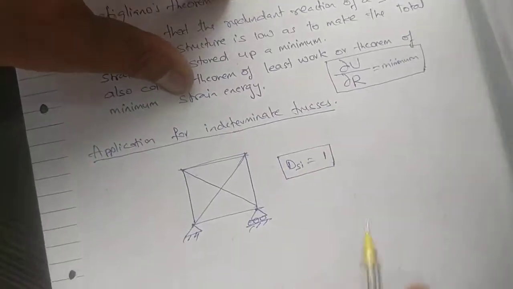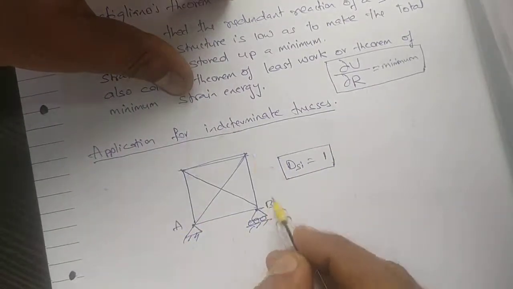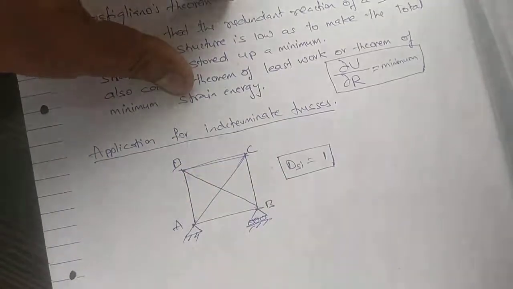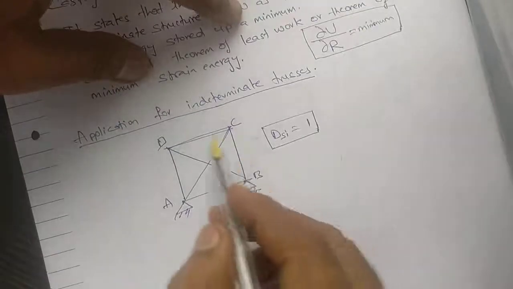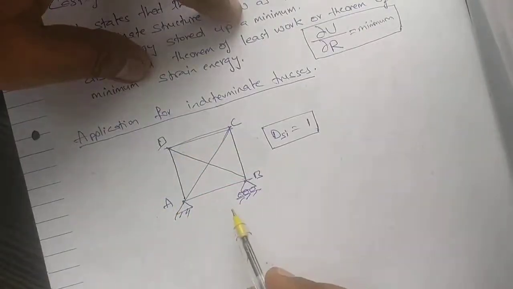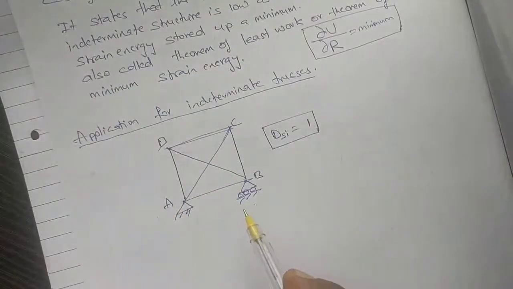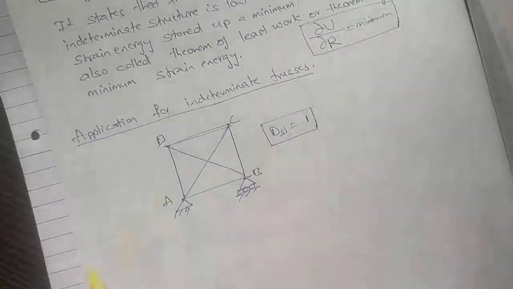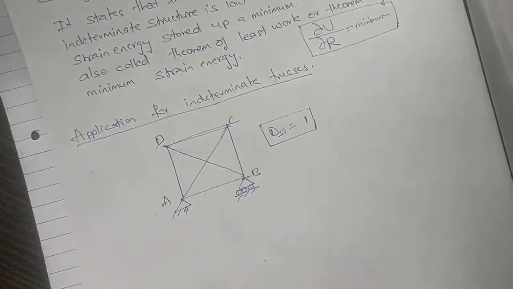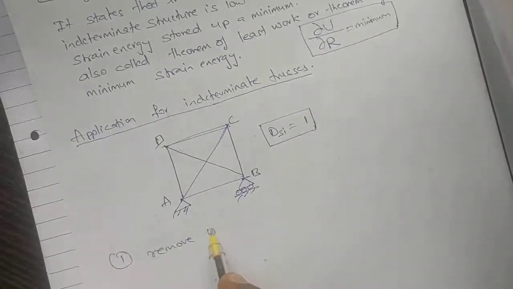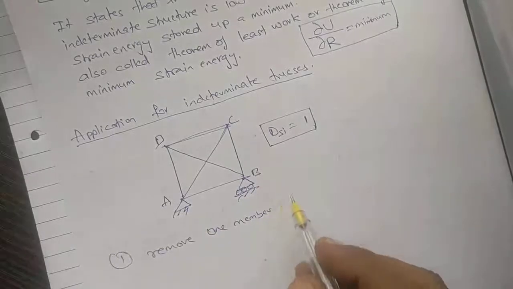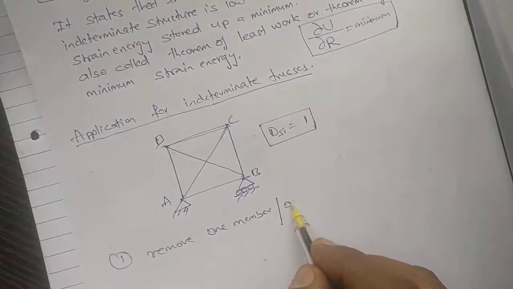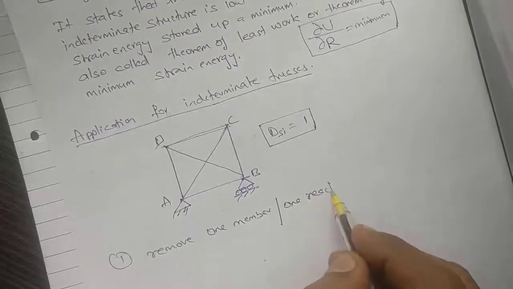So what we do is A, B, C. First step is, we cannot solve this using equilibrium equations because your members are more. So what we have to do, first step is we have to remove one member or one reaction.